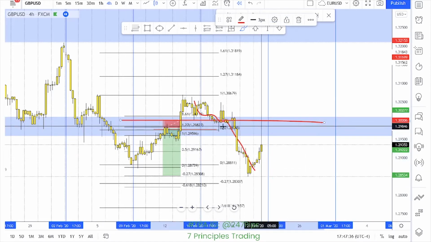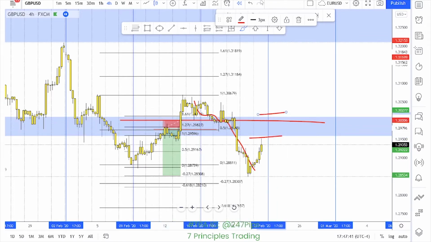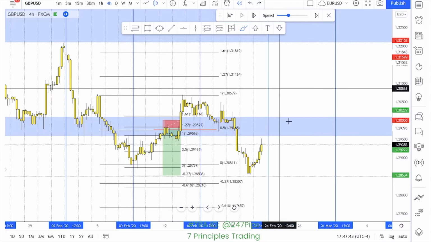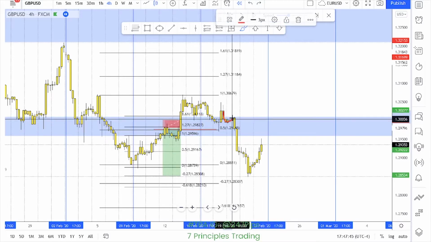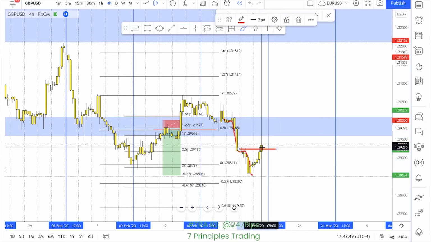We did break below this daily support, so we know we have orders there and there. Given that we're making this lower low structure and we actually peaked above it, we can be in the 127 area already. So that means we're a bit late to the whole party going on.